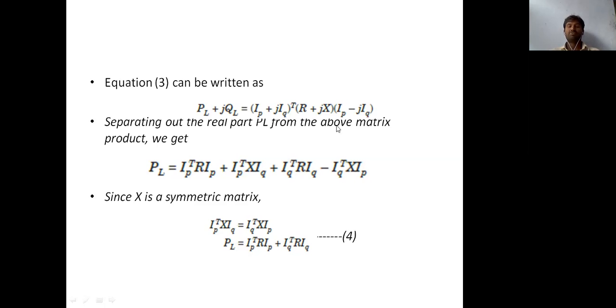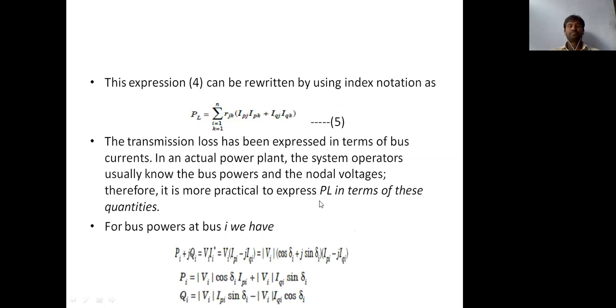Here X is also a symmetric matrix, so IP transpose X into IQ equals IQ transpose X into IP, and those terms are cancelled. The remaining equation is PL equal to IP transpose R into IP plus IQ transpose R into IQ, the transmission line losses formula.